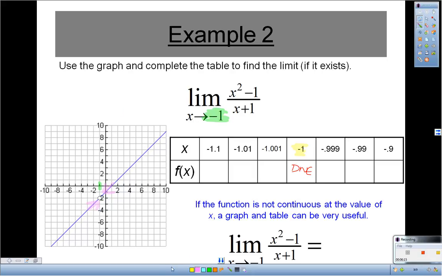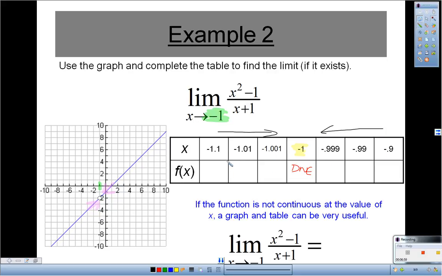If I plug in each one of these values, so -1.1, -1.01, -1.001 into my function, and I plug in -0.999, -0.99, and -0.9. And notice, guys, the reason why I pick these numbers is I want numbers that are getting closer to -1 on the left-hand side and closer to -1 on the right-hand side.